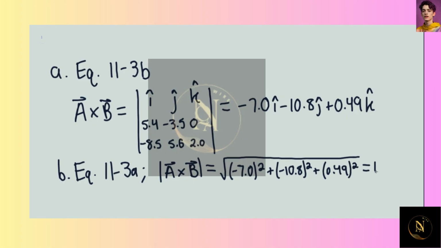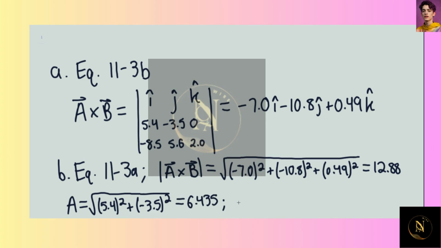And this is going to equal 12.88. We can then say that the magnitude of A equals the square root of 5.4 squared plus negative 3.5 squared.